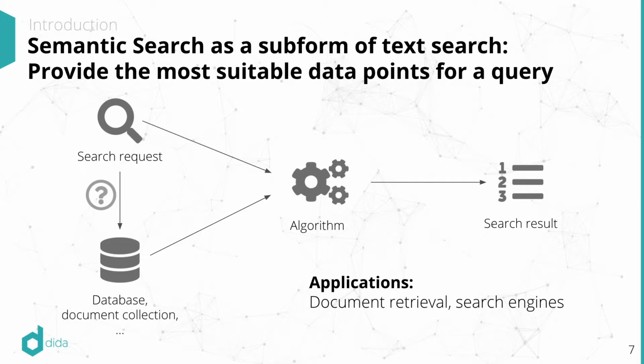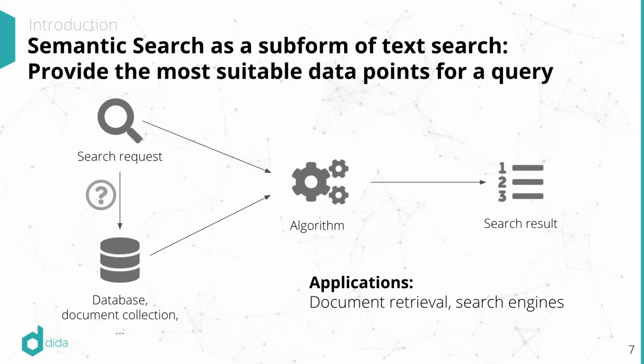Both these things go into an algorithm as an input, and this algorithm then delivers a search result, which is usually a ranked result, meaning that it returns different results ranked by their probability that they actually fit the original search request. And applications of semantic search are, for example, document retrieval or internet search engines.